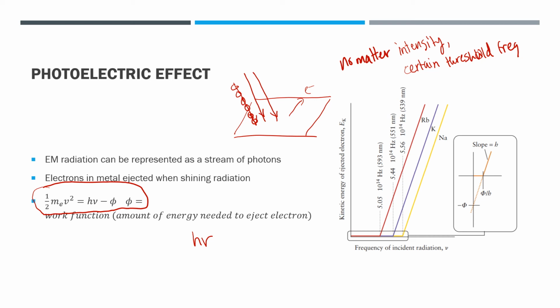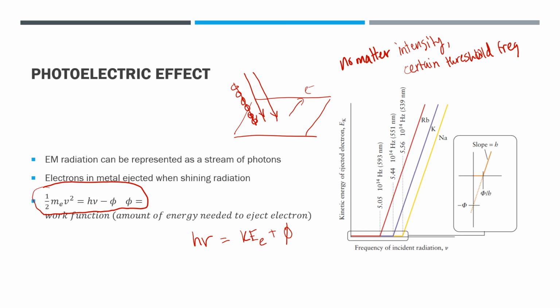So this is the amount of total energy I have to deliver to my electron. So this energy must be equal to the kinetic energy of the electron, which is the energy that the electron has after it's ejected, plus phi, which is the amount of energy I needed to put in just to eject my electron. And this should make sense. This is sort of like a conservation of energy, and this is what Einstein found and noticed.